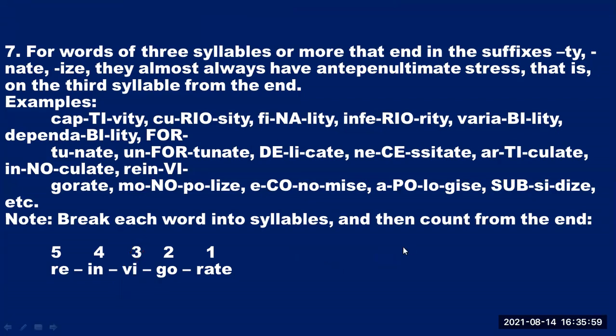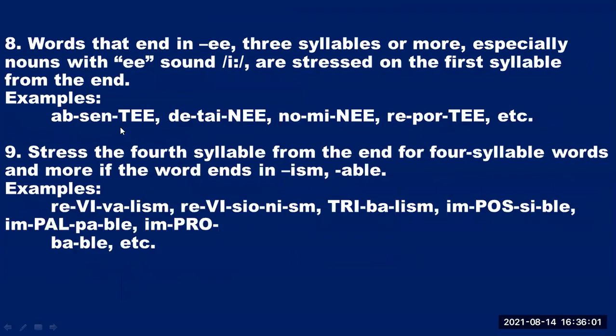All right, so let's quickly look at rule number 8. Words that end in EE, 3 syllables or more, especially nouns with EE, that is the long E sound. Such words are stressed on the 1st syllable from the end, that is the last syllable.